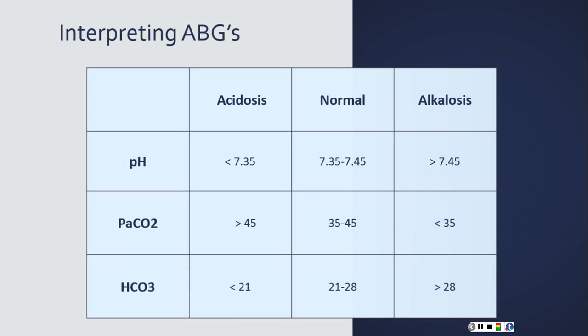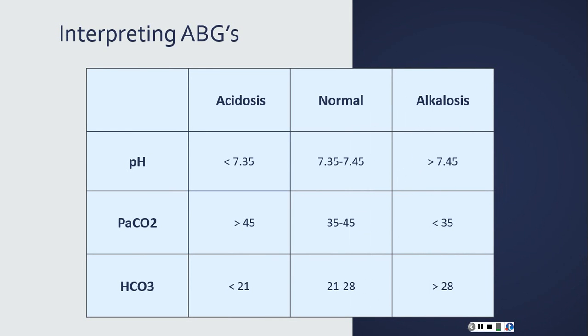I know this is a review for some of you, but interpreting ABGs, we've got different states here. When the pH goes down, the blood becomes more acidic. When the pH goes up, it's more basic, or alkalotic, alkalosis. CO2, the higher the CO2, the more acidic, so you have to flip that number on this chart.